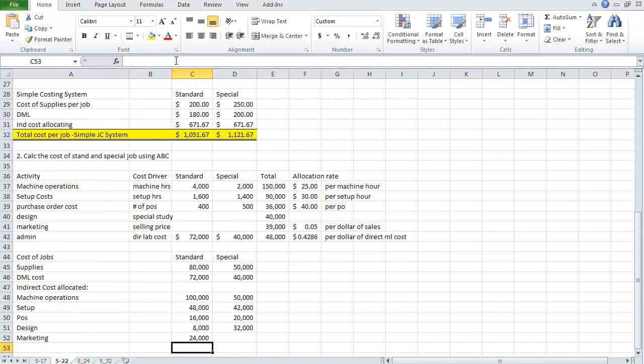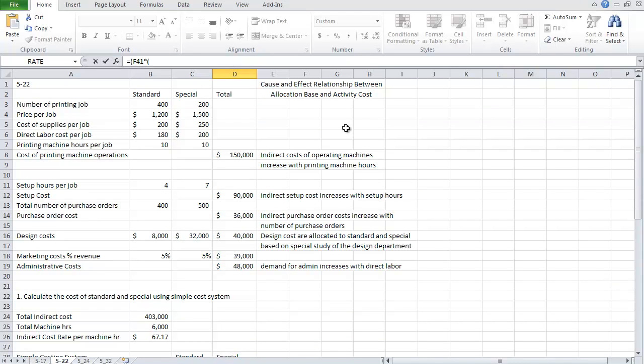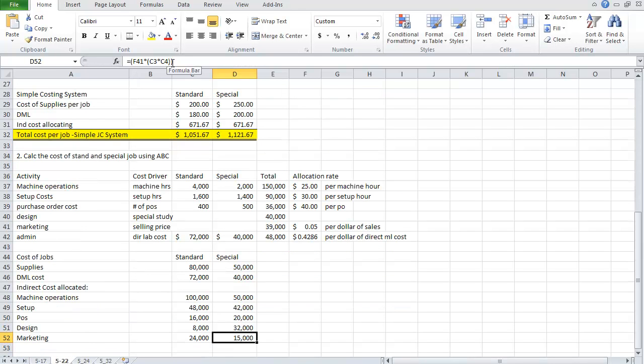So this should give us $24,000. And again, if we want to look at this, we take 5 cents and multiply that by our sell price. In this particular case, we have 200 jobs, and each of those jobs is being sold for $1,500 apiece. So we will put that in, and that'll be a total cost of $15,000.